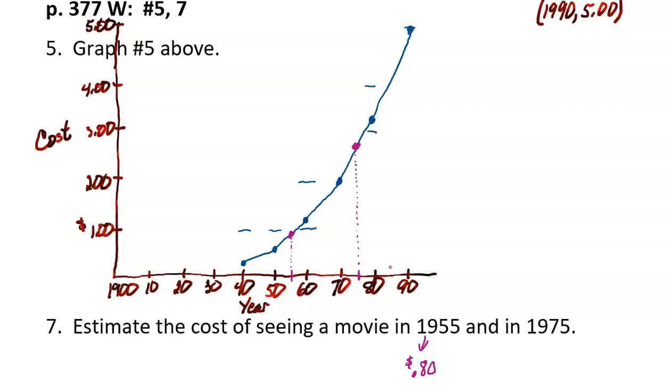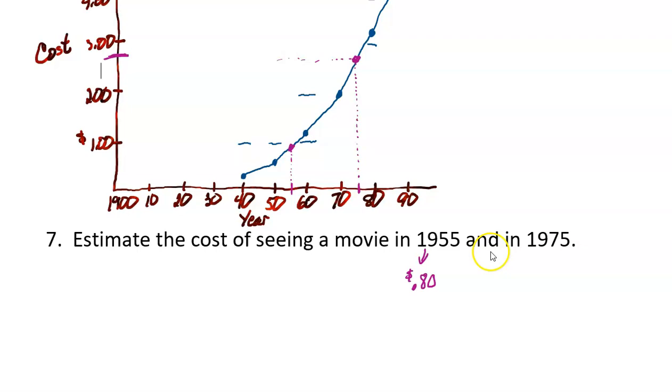So now go straight over towards the y-axis. About what dollar value do you think you're at? Well, it looks to be more than $2.50. It's not all the way up to $3, and so give it your best estimate. I think it might be about $2.70.